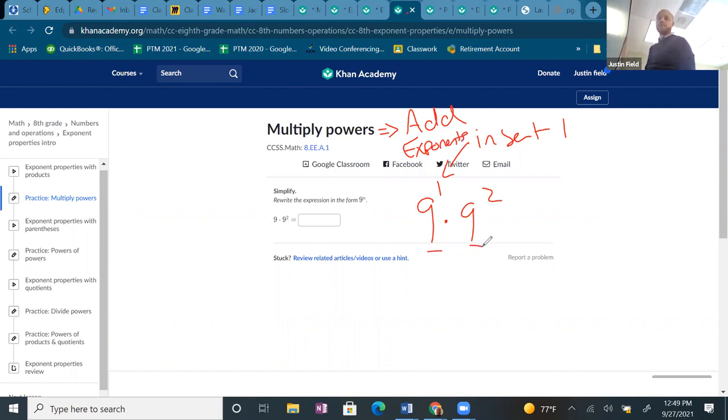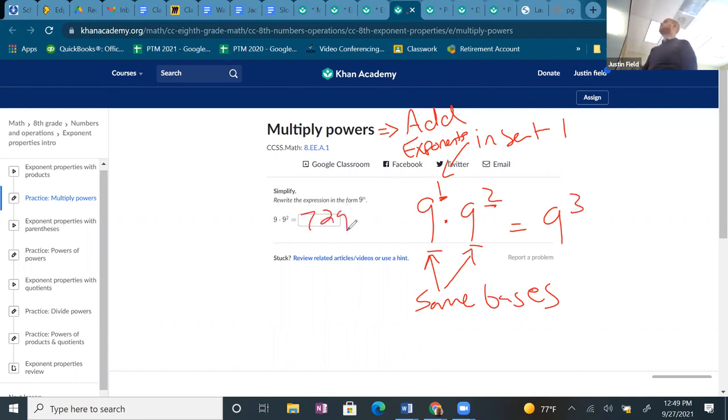The 9s are called the bases. So 1 plus 2 is 3, so this equals 9 to the 3rd power. Don't use a calculator and tell me 729 or something else. Say 9 to the 3rd. This is what they want. So multiplying terms, add the exponents.